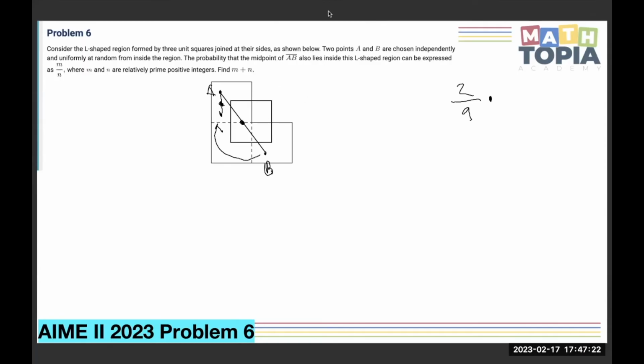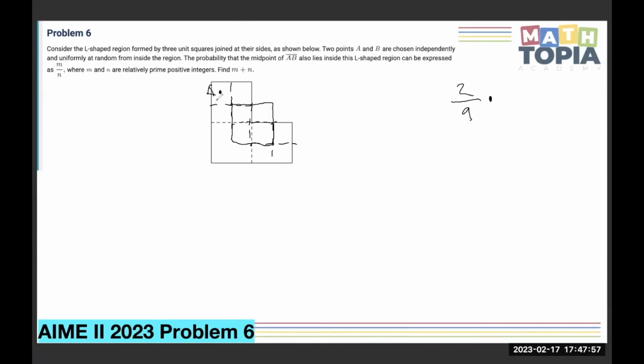But now what we realize is that, because A and B, for example, can be in any of these 4 quadrants with equal probability, we think about this middle square and we divide it into these 4 quadrants. And we essentially realize that the midpoint has exactly a 1 out of 4 chance to be in each of these regions. Why?